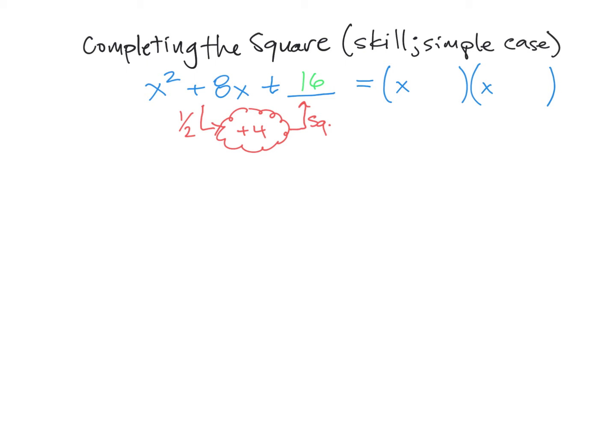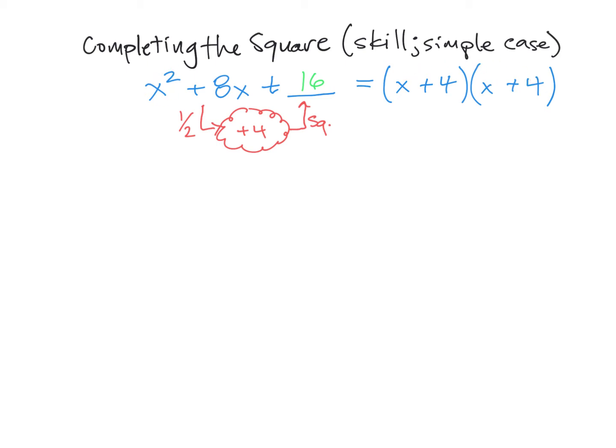All right? So out of those three pairs, 1 and 16, 2 and 8, and 4 and 4, which one of those add up to give me positive 8? Well, it would be 4 and 4, positive 4 and positive 4. So I'm going to do plus 4 and plus 4. And you can check me. I'm not going to write it out to keep the work here clean, but x times x would be the x squared.